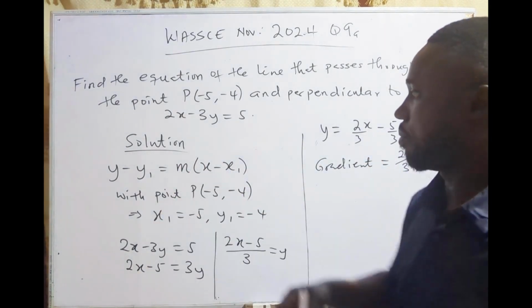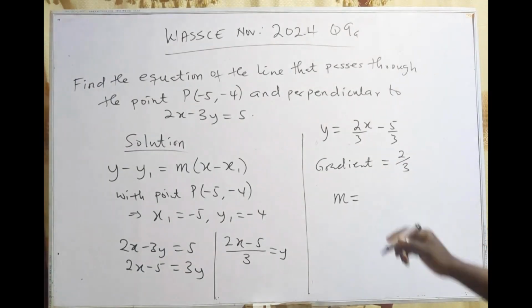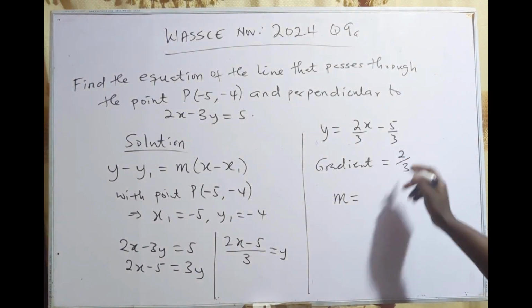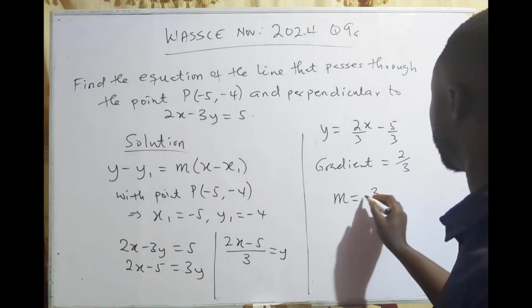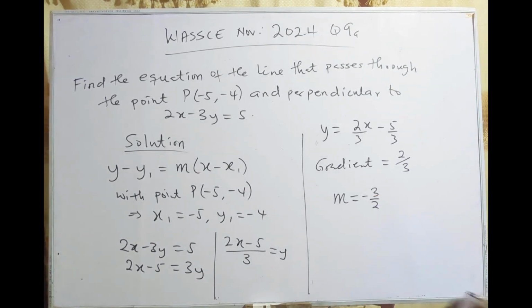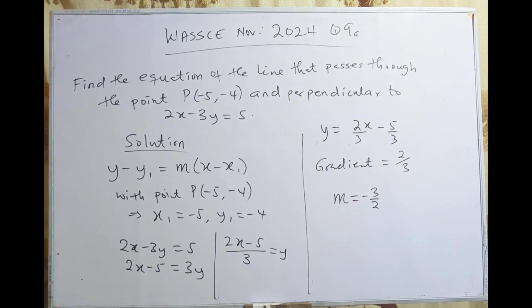So let me find the m, the gradient of the line that passes through this point. My m is going to be the negative reciprocal: you reciprocate and then you negate. So the negative reciprocal of 2 over 3 is -3 on 2.